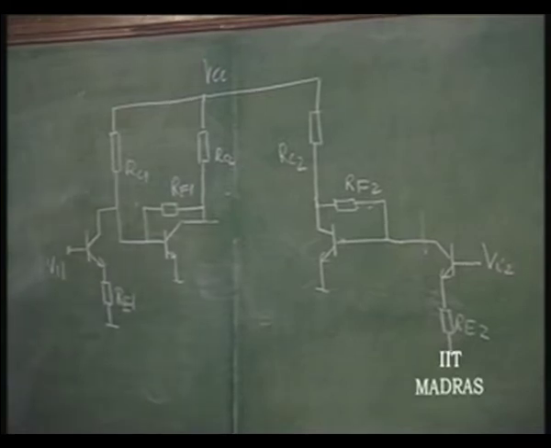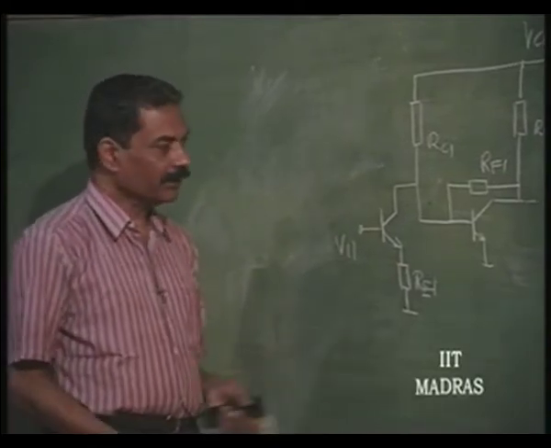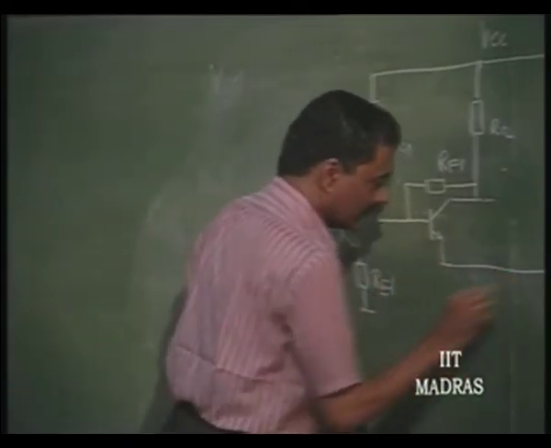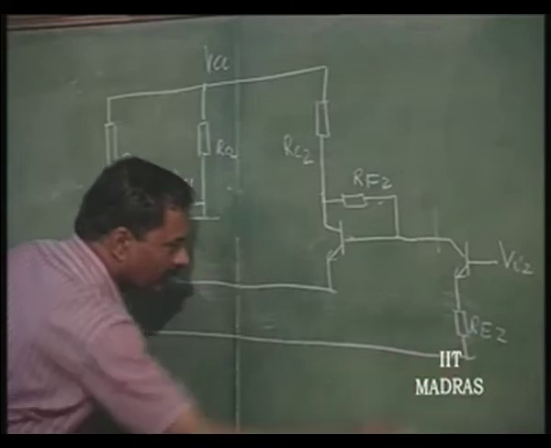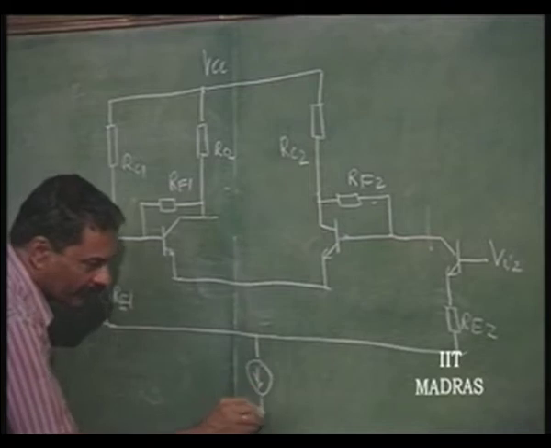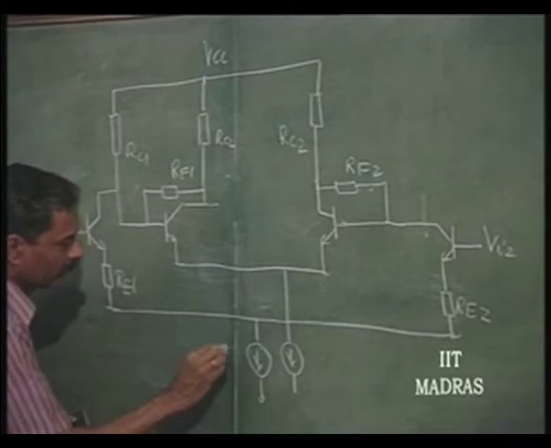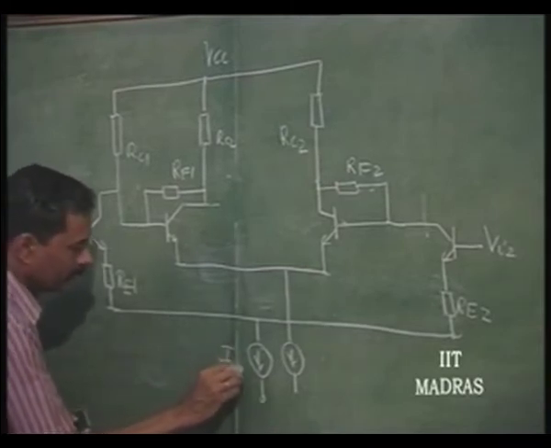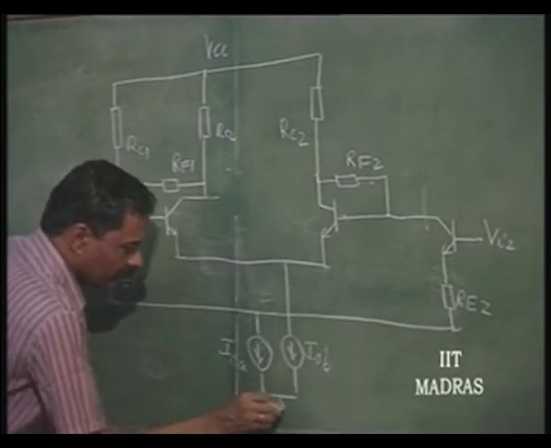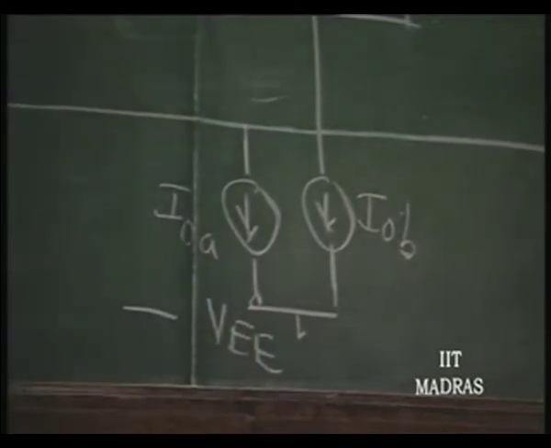Then I want to convert this into an integrated circuit. The basic principle is, whenever you have a symmetric structure like this, the ground, this common point, can be lifted and you can make it go through a current source. I0A, I0B, minus VE and plus VCC.